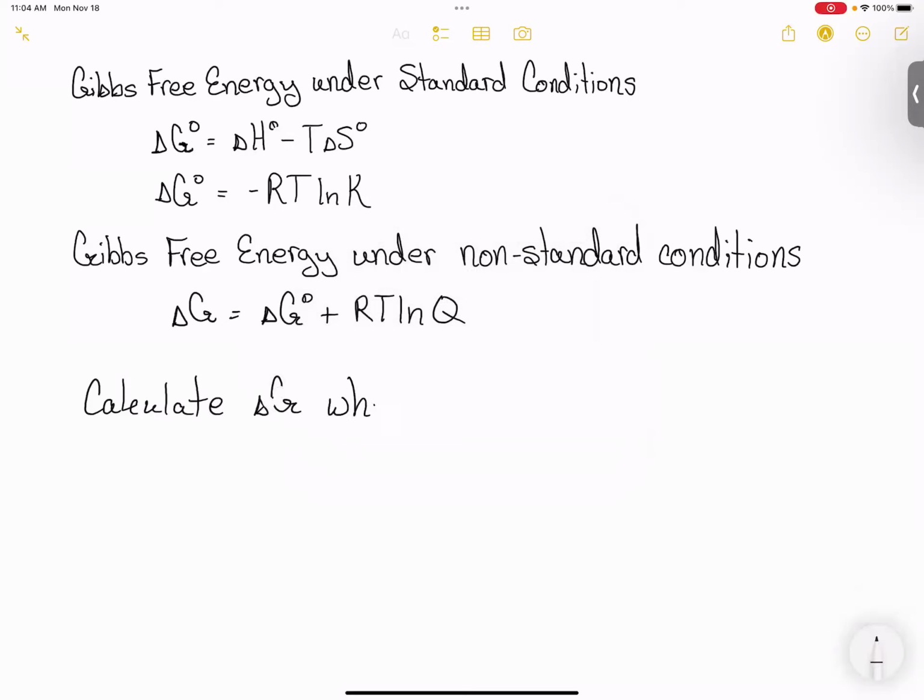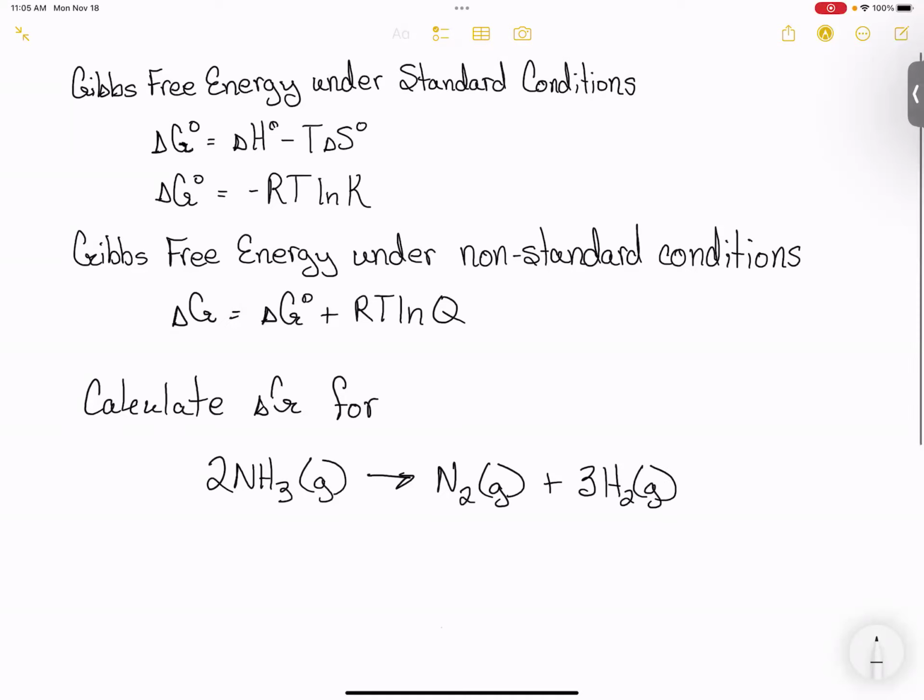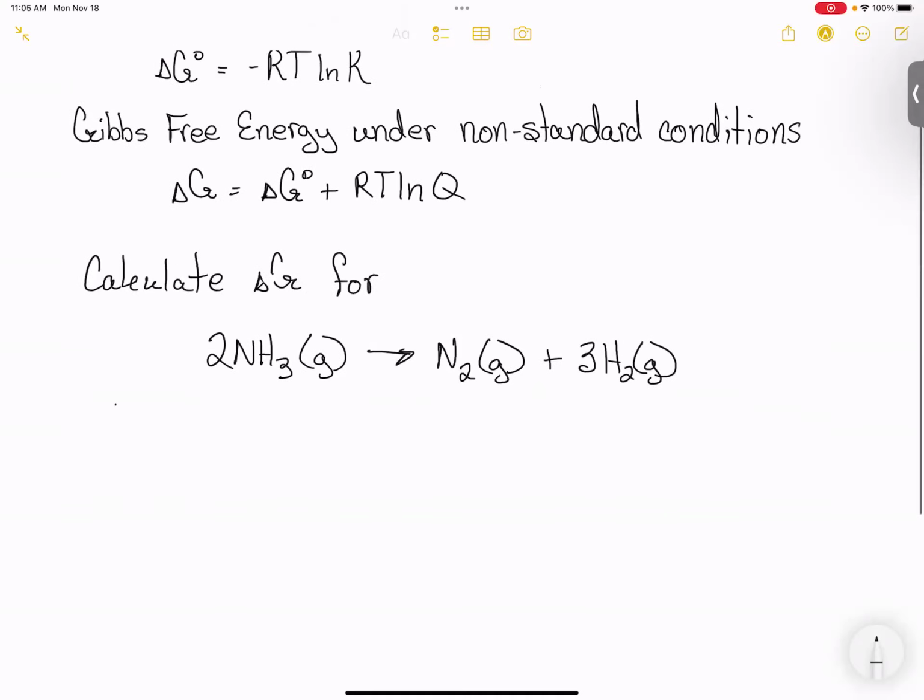Let me back up, calculate delta G for 2NH3 gas goes to form N2 gas plus 3H2 gas when the concentration of N2 is equal to 0.01 molar.